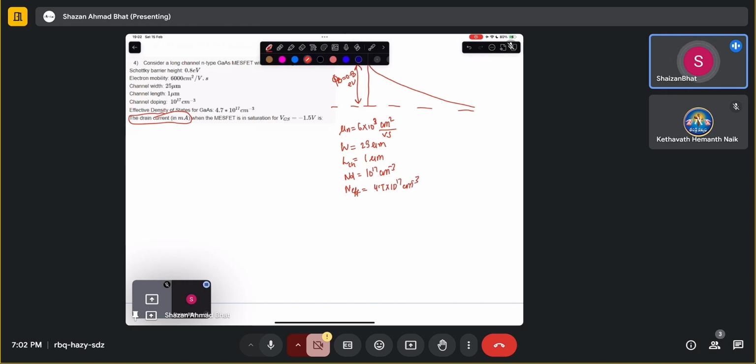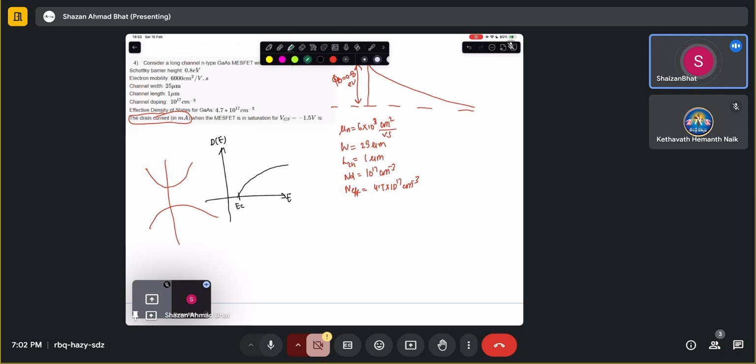Effective density of states is basically the density of states at the bottom of the conduction band. If you have the bands, how does the density of states look with energy in a 3D case? If this is density of state as a function of energy, and this is the conduction band, then density of state goes like this.